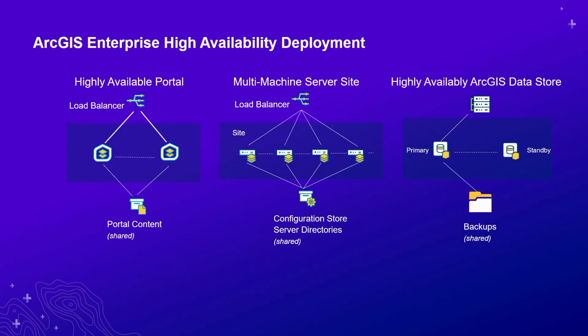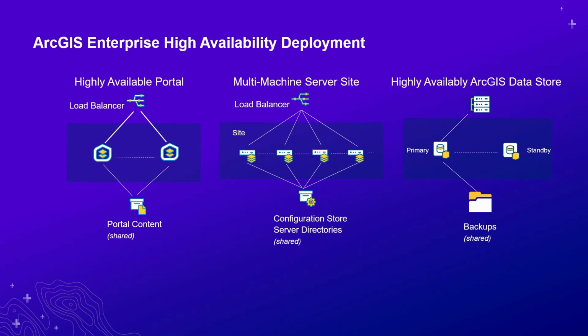So again, here's the overview of highly available deployments for ArcGIS Enterprise. You have a highly available Portal, which operates primary standby. You may include a web adapter within your architecture plan to support web tier authentication. Multi-machine server sites have been around for a bit, and they can scale horizontally to 3, 4, 5, as many machines as you need to.